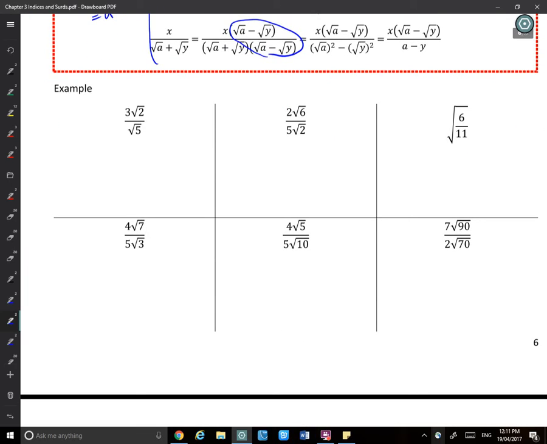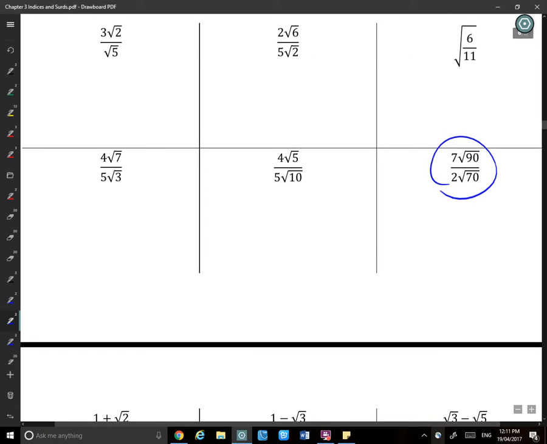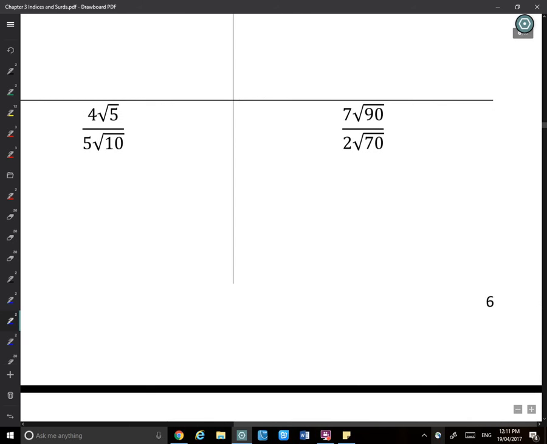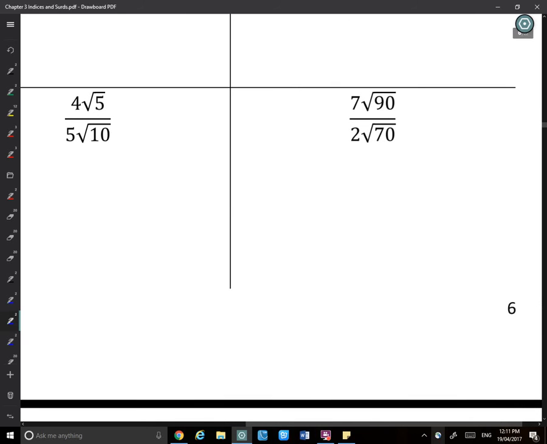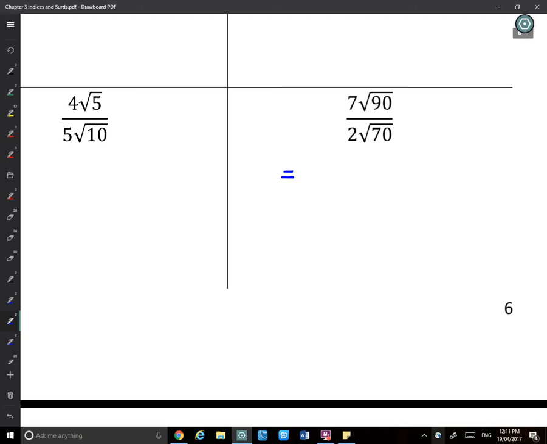Have a look at the example. I'll just choose one example to do. Let's say we do this one. There are more than one way to do it. You can directly multiply root 70 on both top and bottom.